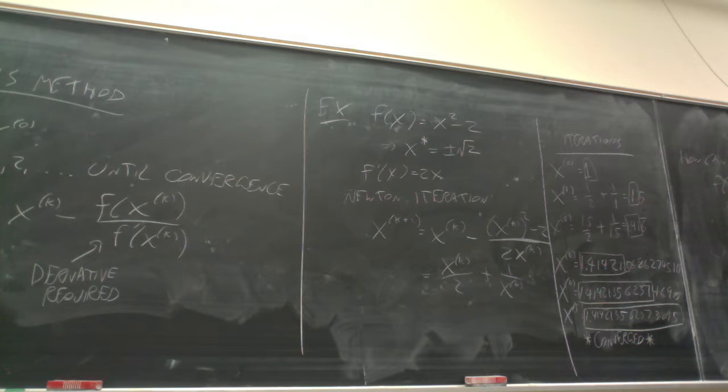So what we often see in examples of Newton's method is that the number of correct decimal places roughly doubles from one iteration to the next. And you can see it even more easily from looking at the error in these iterations.